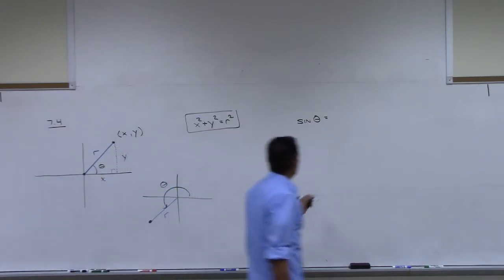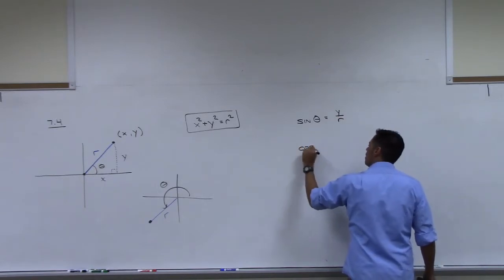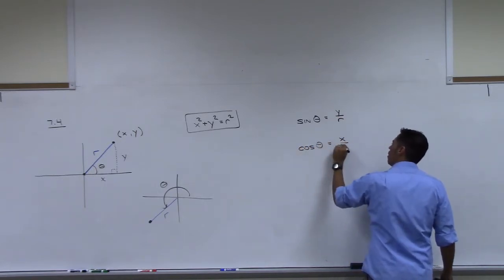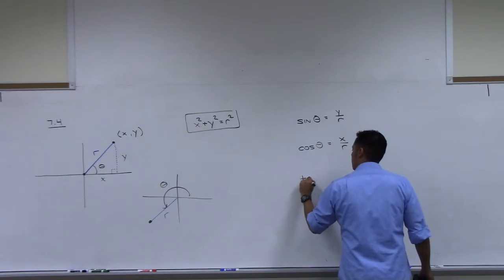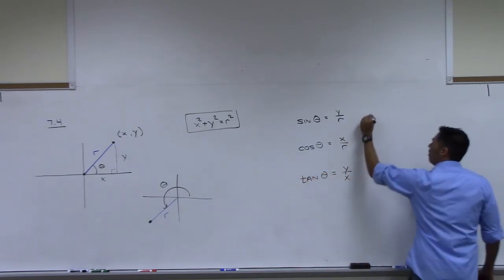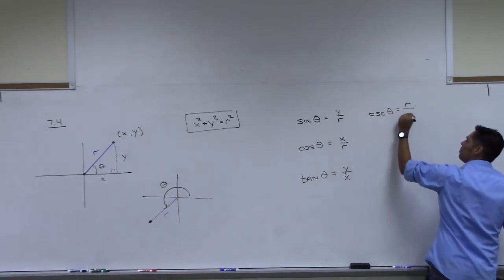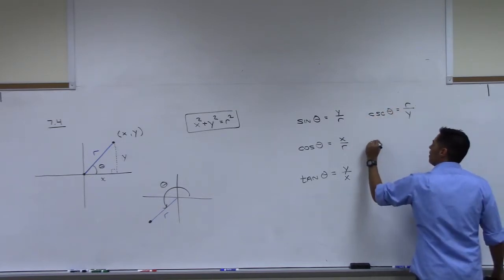So sine theta is always y over r, cosine theta is always x over r, tangent theta is y over x, and then all the reciprocals are exactly as you would think. Just flip these over.